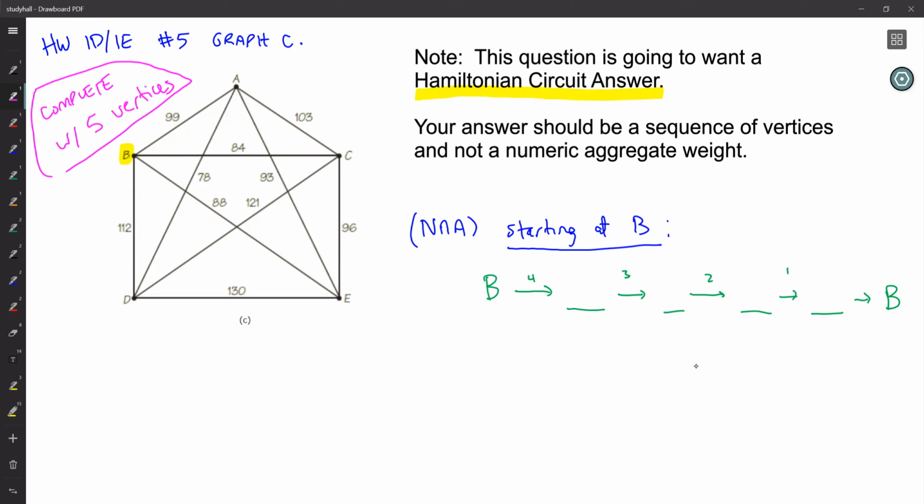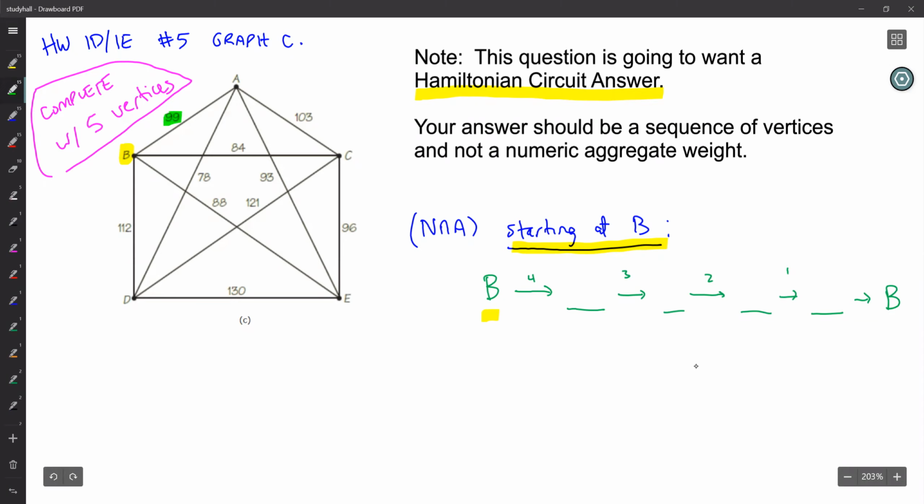So if I start with B, it's always going to be decreasing in number of choices. We'll start with 4 choices, A, C, E, and D. As we visit vertices, we're going to narrow down our choices because we're going to have fewer things left over to visit. So starting with B, my choices are B to A, 99.